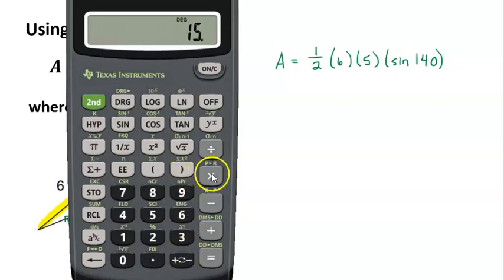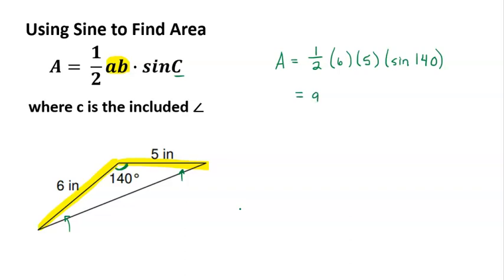And then we've got times, and then make sure you put that 140 first, and then hit that sine button, and then make sure you hit equals at the end. And that's going to give us an area of 9.6. And then we want to put the units, and so that's going to be inches squared. And so you're just using a formula for this, easy peasy. And that concludes our video.